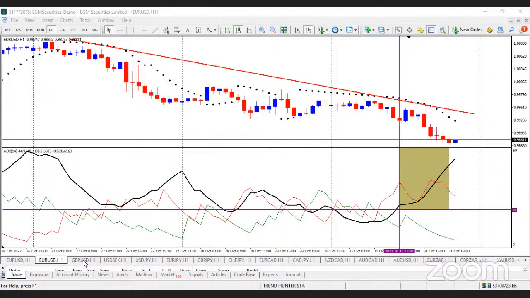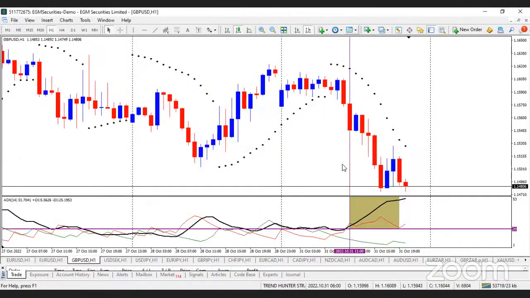Another example is pound against USD. Again here, we had another setup. This is where it began, around 11. When you look at parabolic, you'll notice that this is where that bearish move began. This is where that bearish run began.